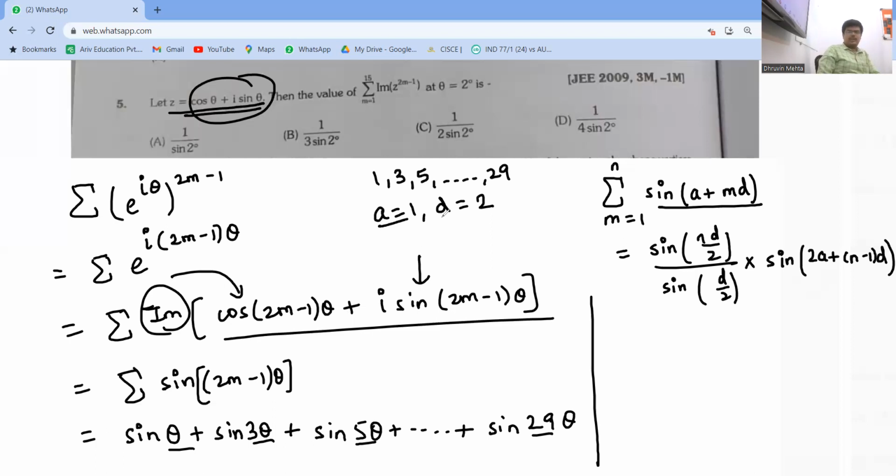What I'm saying is if you take a as 1 b as 2 then first term will not be theta, it will be 3 theta, a plus n minus 1 d जब लगा रहे हो. अच्छा हाँ एक्चुअली 3 आ रहा है.